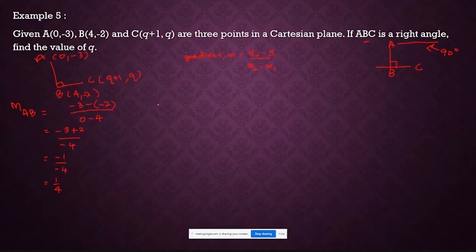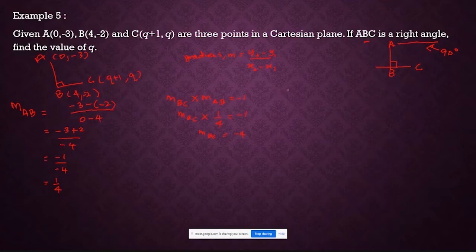Okay, then when you multiply m BC with m AB, it becomes negative 1. So if m BC is unknown and m AB is 1 over 4, the product is negative 1. So your m BC equals negative 4.